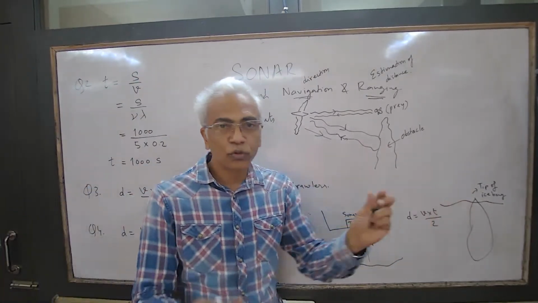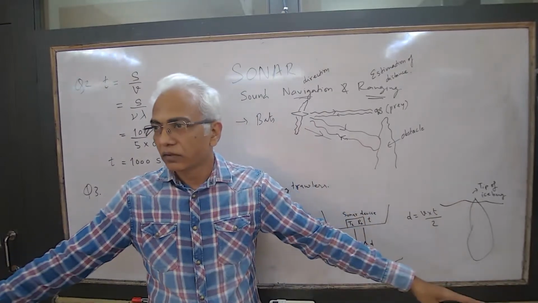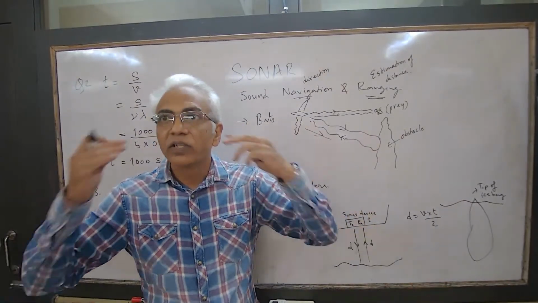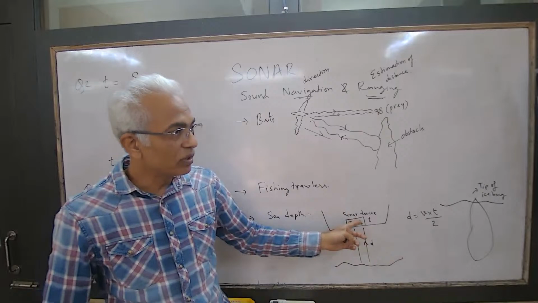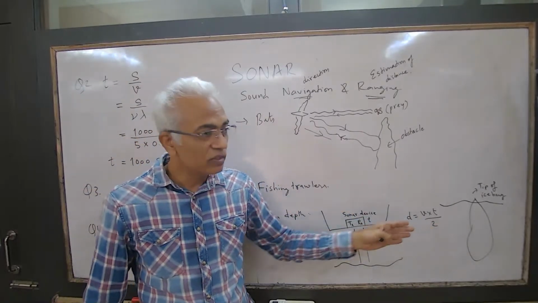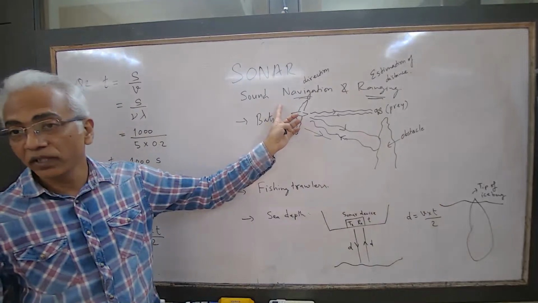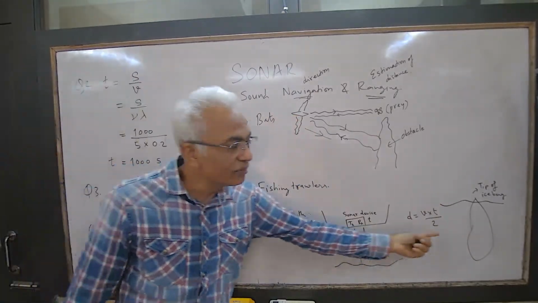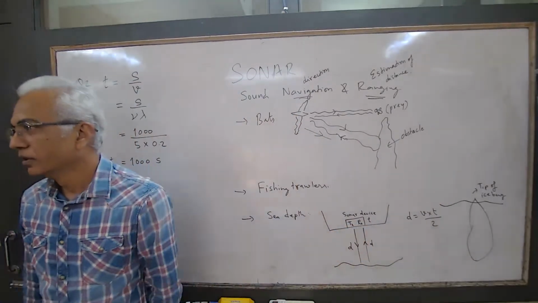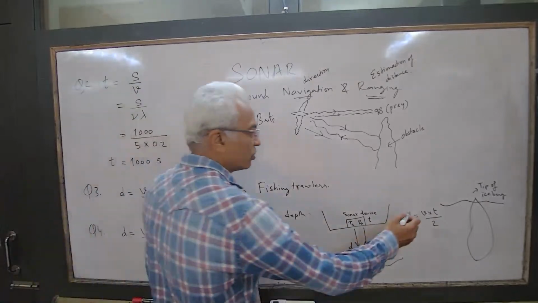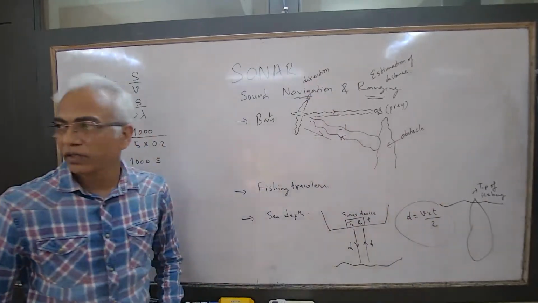From above, only a small tip is visible, but it might be widely spread, and that is not visible. Then the captain can take a decision whether it is safe to travel in this direction or not. So judging the direction is called navigation, and estimating the distance is called ranging. So this is the formula for both navigation and ranging. Is that clear?